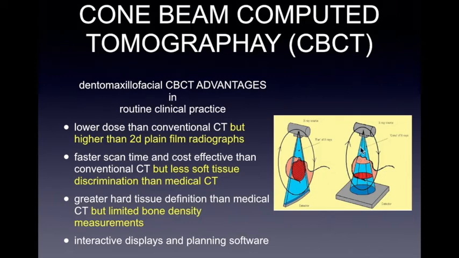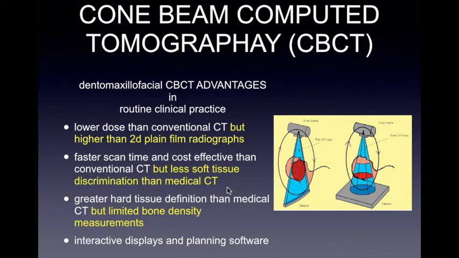Because you get the entire cone beam of your X-ray, you do not get as precise an amount of radiation consistently across the entire cone beam. Because of that, the detector cannot discriminate or detect varying or subtle changes from one area to another.